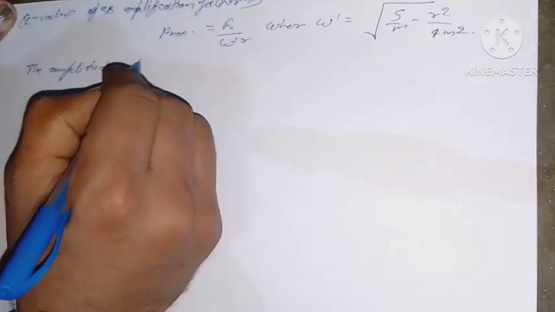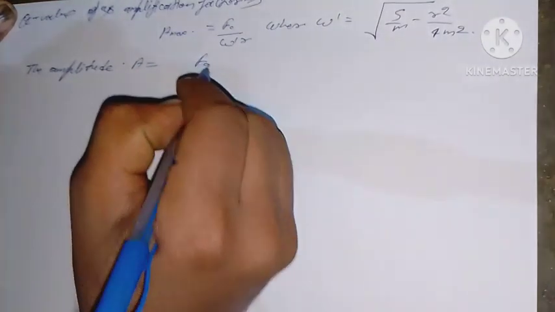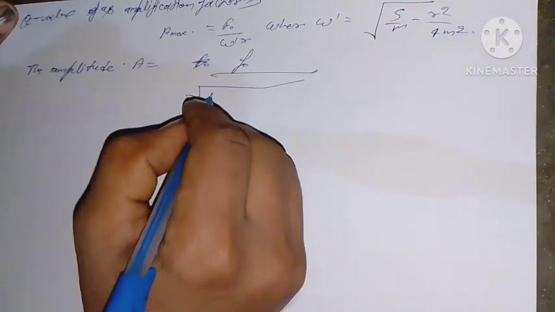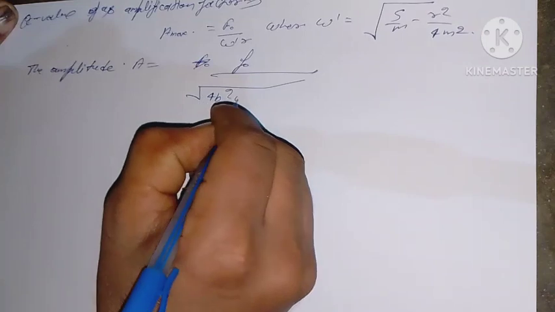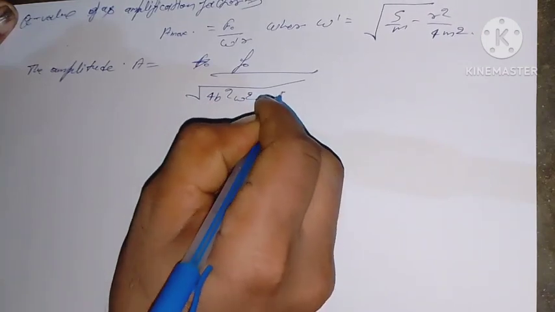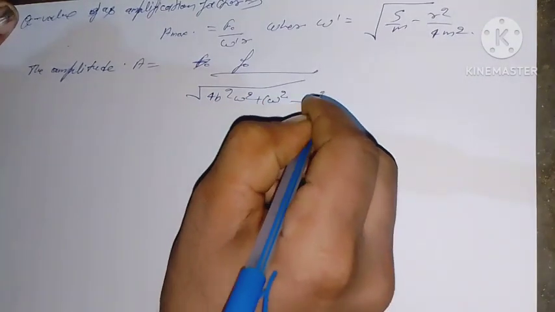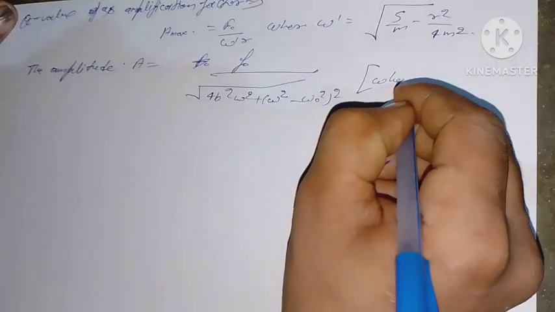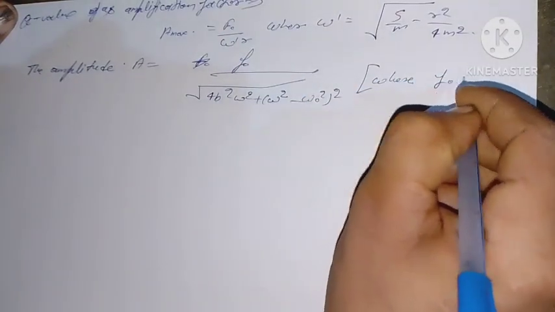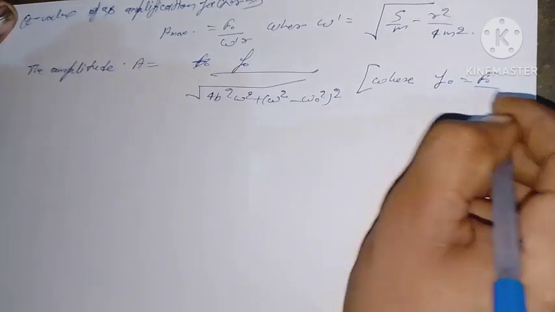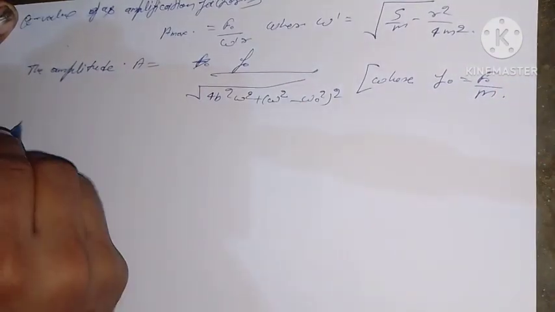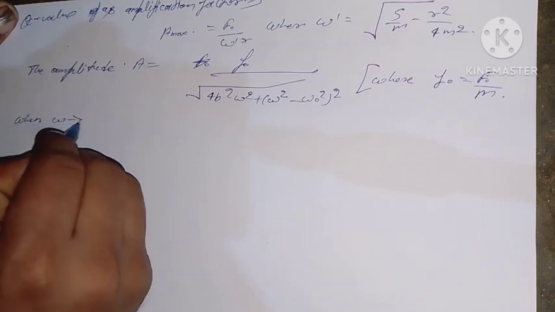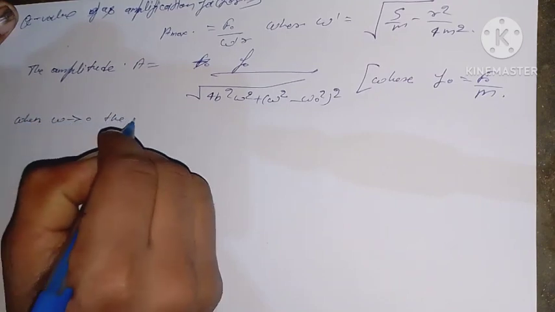The amplitude A equal to F naught upon under root of 4B square omega square plus omega square minus omega naught square whole square, where F naught equal to capital F naught upon M. Okay.